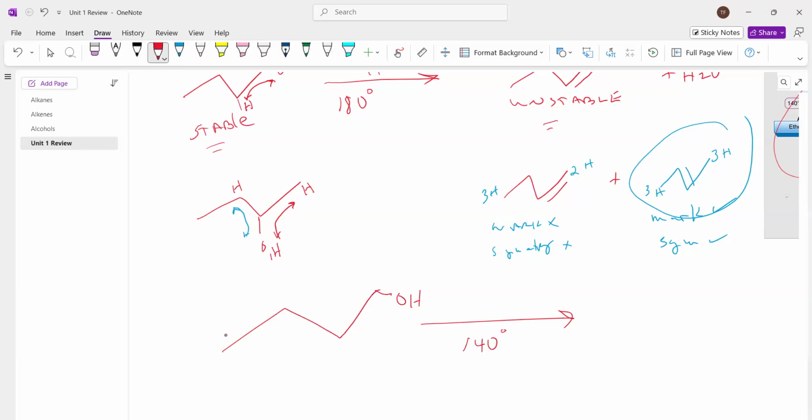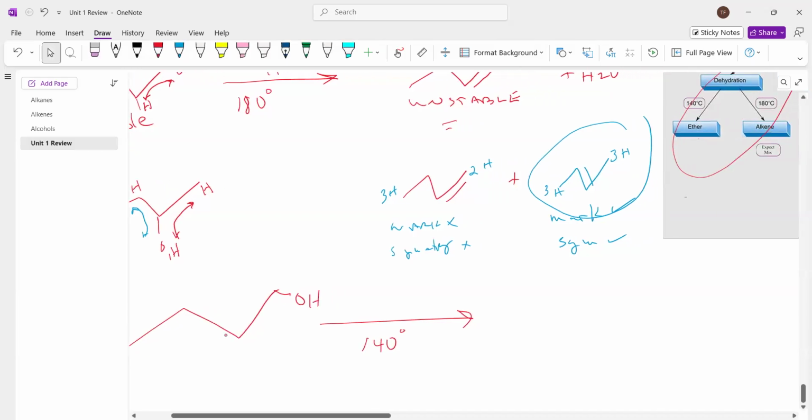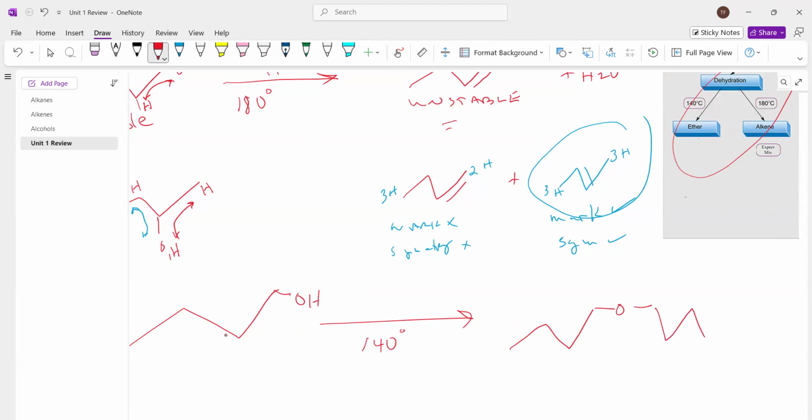So I'm going to have two of these, and form an ether. So that would be dibutyl ether. And this would be butanol.